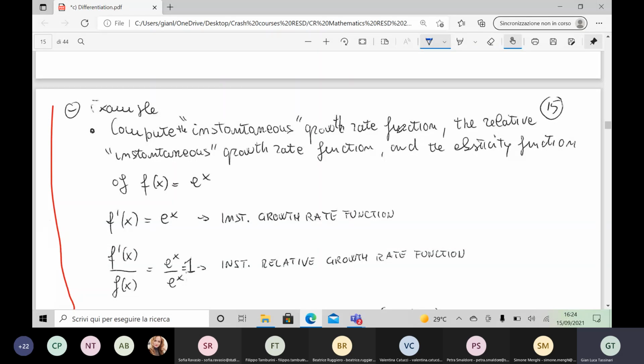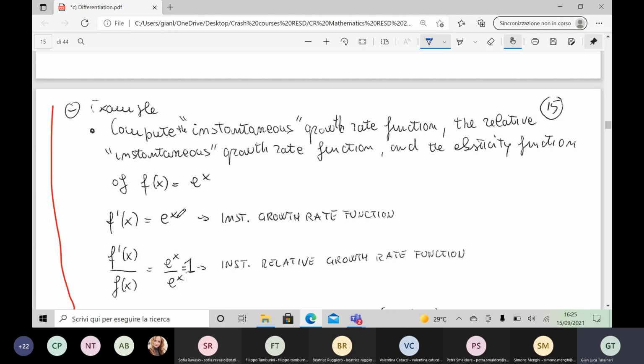It's simply the derivative, because the derivative of a function represents what? The slope of the tangent as a function of x. So it represents the instantaneous growth rate as a function of x. So the instantaneous growth rate function is simply f prime of x. So therefore, which is the derivative of the exponential of x? It is simply e to the power x.